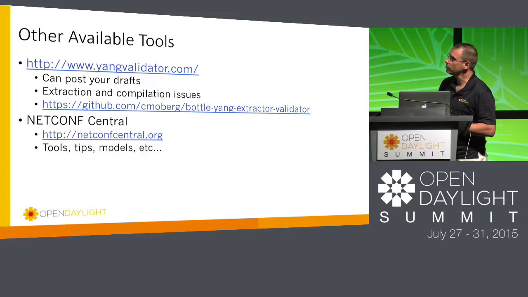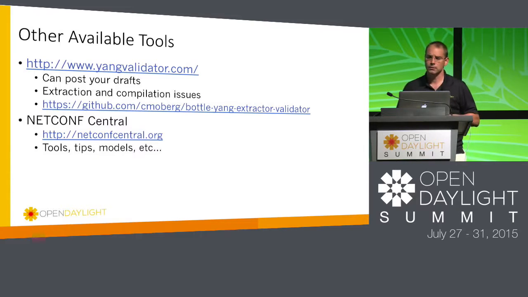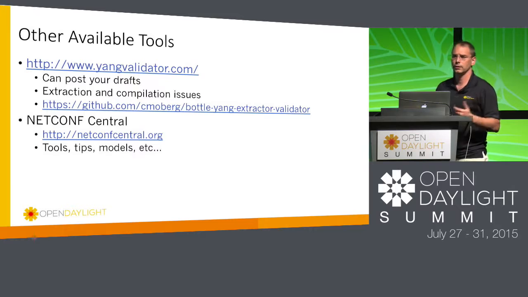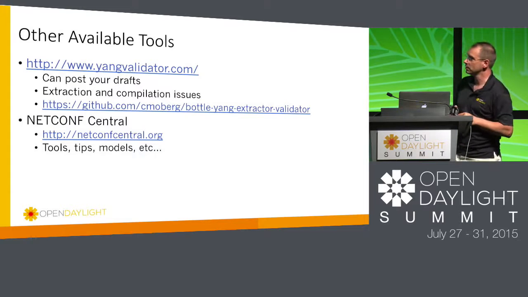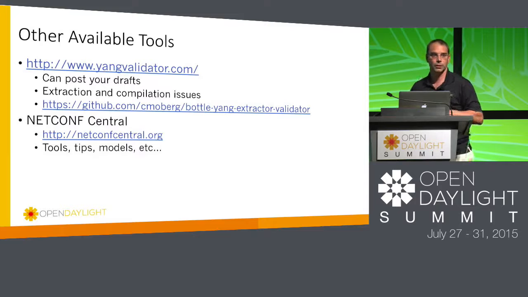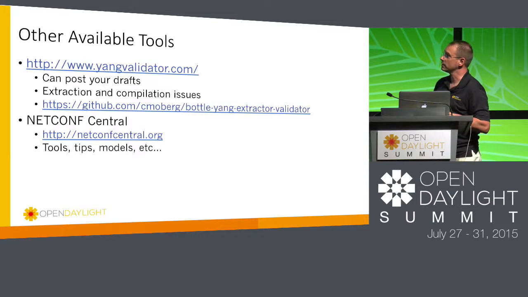Other available tools. One of the things I wanted to do was get some information out on this. I've gotten a lot of questions about how to do modeling, how to validate your model, how to work on that, because the Yang tools themselves don't really help in this regard. So there are external tools like the Yang validator.